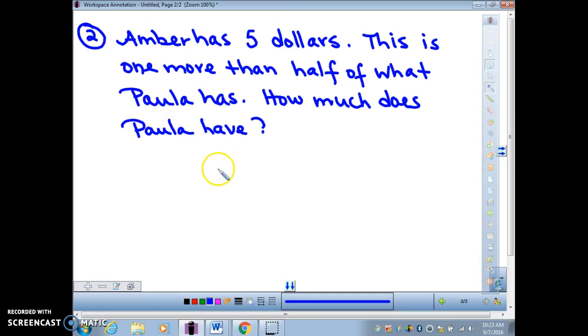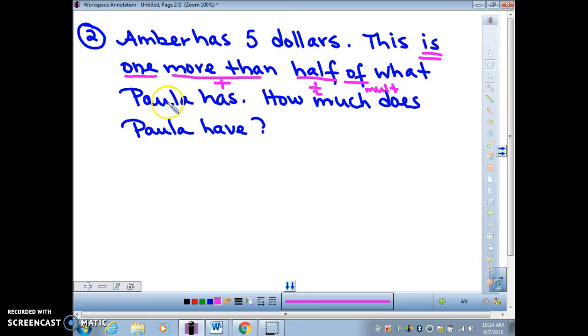Okay, so here we go again. All right, we know that Amber has $5. This is, and again, is means equal mark. One, there's one of your numbers, more than, that means to add, half of what Paula has. So half, of course, we can use the fraction bar, 1/2 of, that means to multiply.